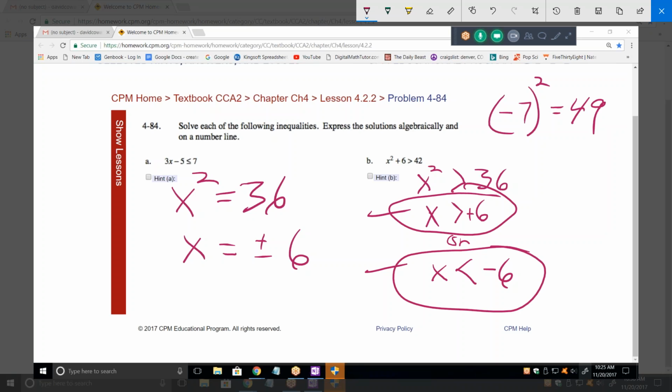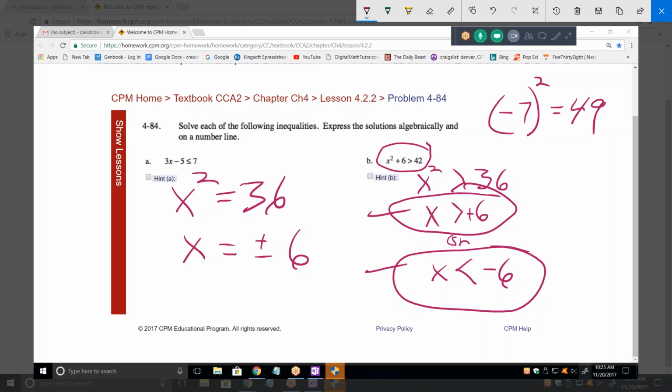The key thing is that absolute value also presents a little bit of a problem, how to handle absolute values in inequalities.